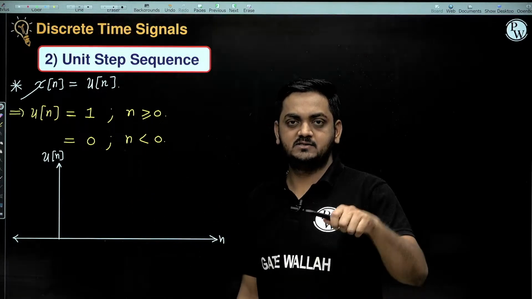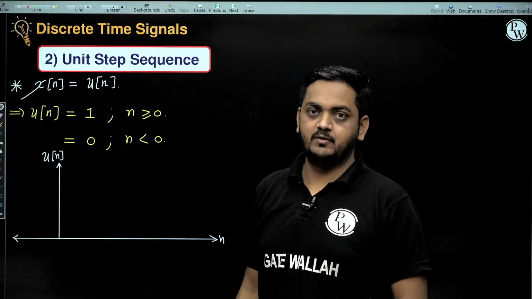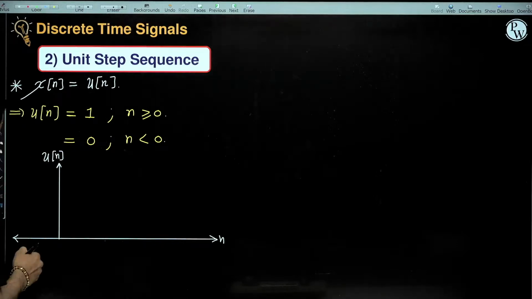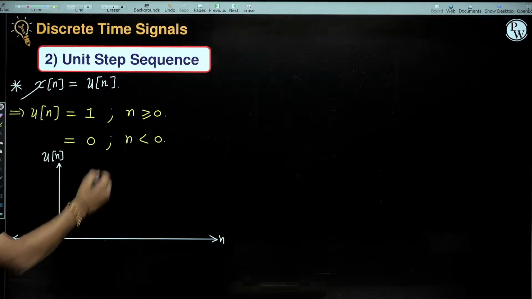That means it starts from n equal to minus 1, because only integer values. So less than 0 means starting from n equal to minus 1. So at n equal to minus 1 it is 0, at n equal to minus 2 it is 0, yes or no? Are you getting it?